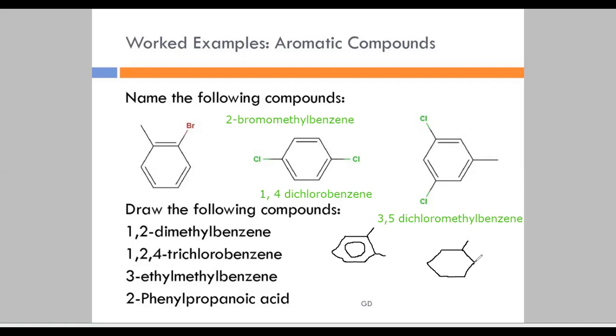If I place it here, this would be 2-ethyl, because this is number 1. The next is number 2. So I can't put it there. Where do you want me to put it then? The bottom right. Yes. And because it's an ethyl, I have to do like 2 lines. And that's it.